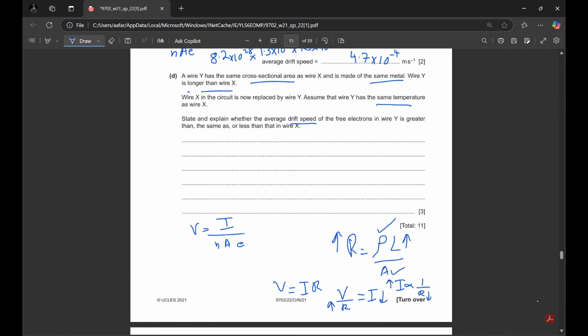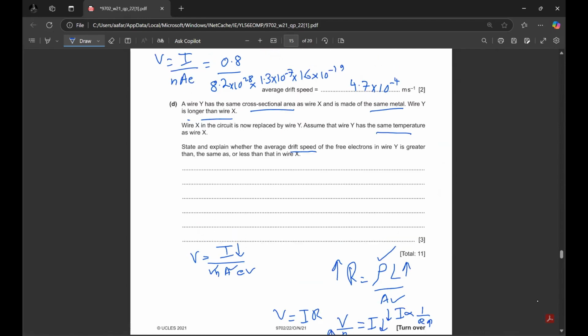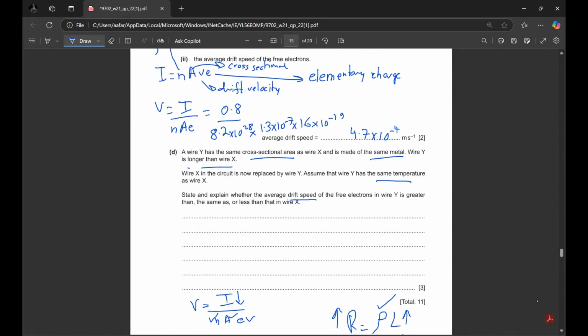So if the resistance is increasing, then the current will decrease. If the current is decreasing, number density is the same since it's the same metal, cross-sectional area is also the same, and elementary charge is always the same, so the drift velocity will actually decrease.